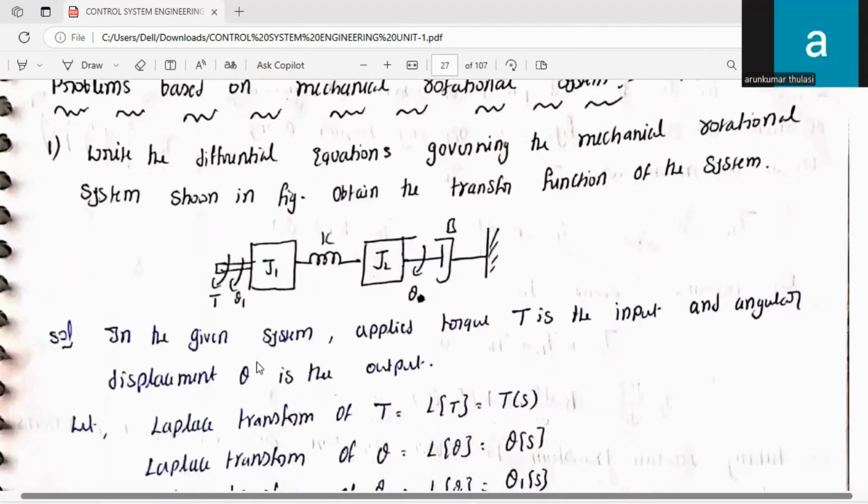First we need to identify that the applied torque, denoted by T, is the input, and the angular displacement theta is the output.